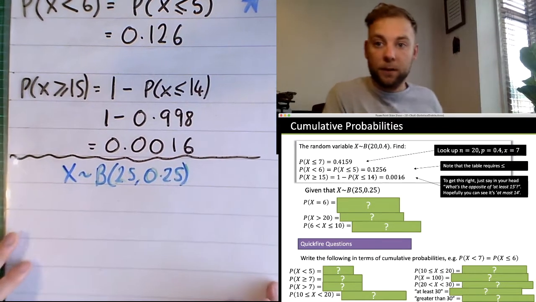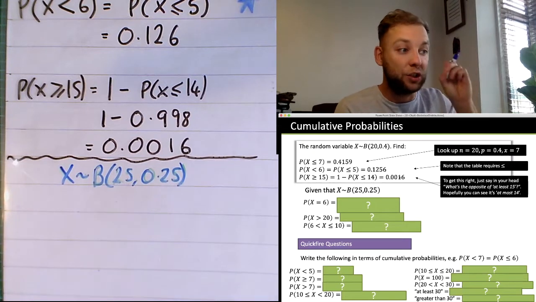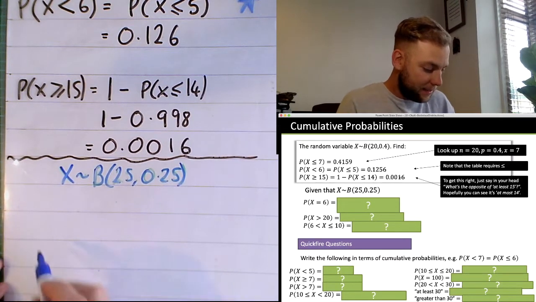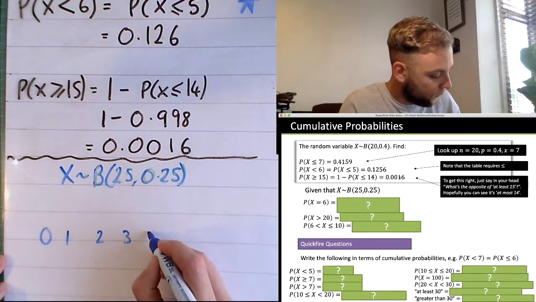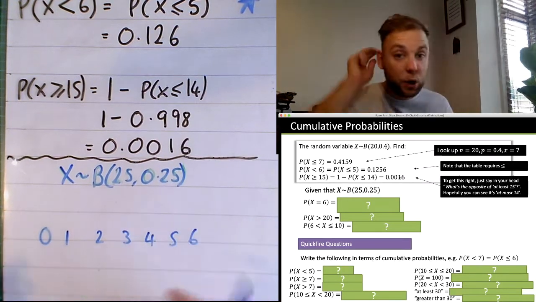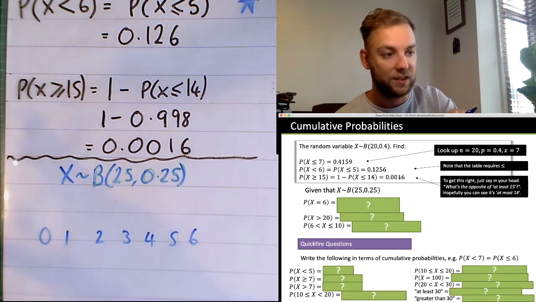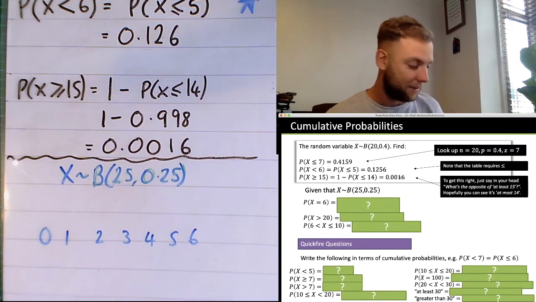Okay, so if I want x to be equal to 6 using this method, let's again think about this. So it's going to be 0, 1, 2, 3, 4, 5, and 6. Now I could use the old method and use 25 choose 6 times the probability, but we're trying to use the calculator now.